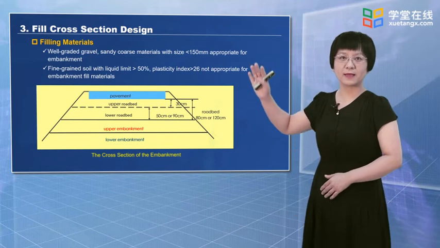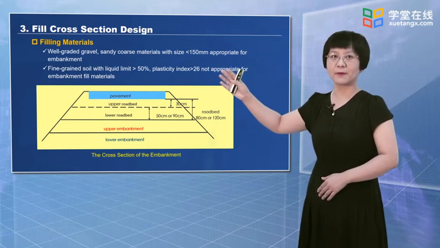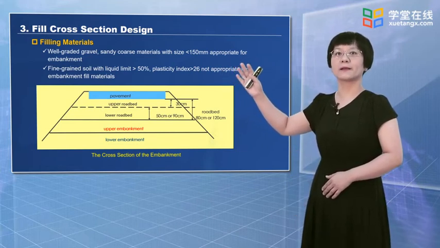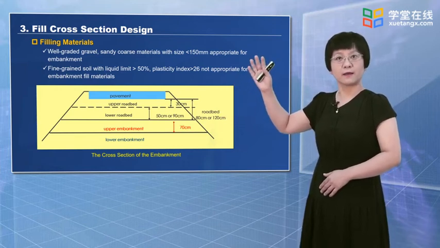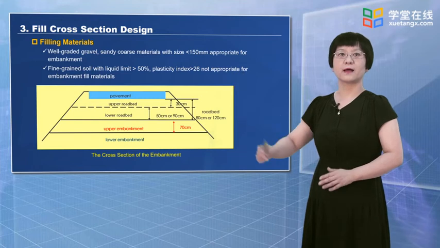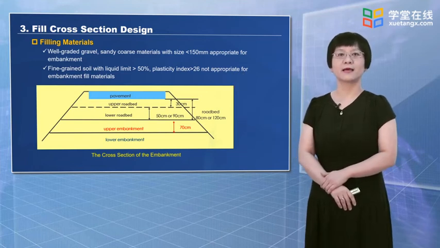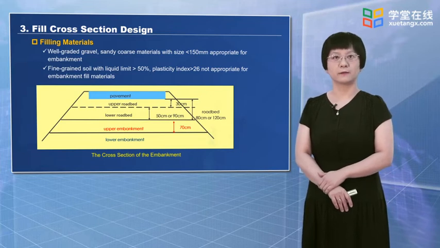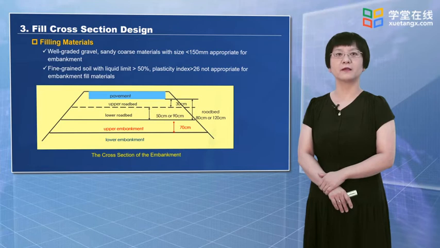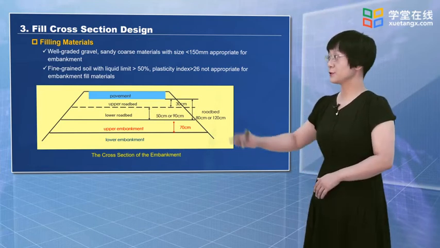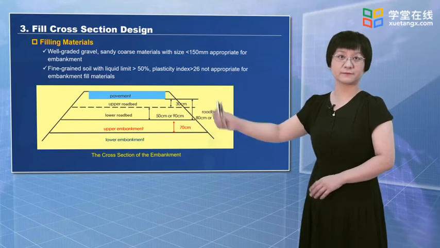The embankment is divided into upper embankment and lower embankment in structure. The upper embankment refers to the range of 70 cm below the bottom of the roadbed, and the lower embankment refers to the filling part below the upper embankment, as shown in this figure.